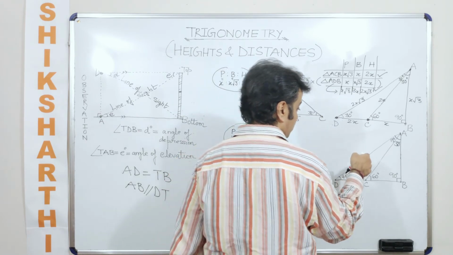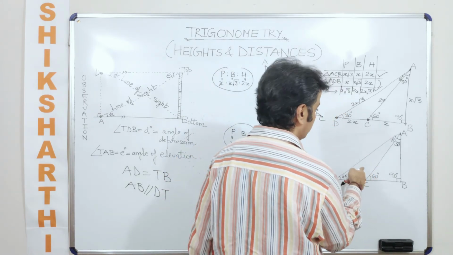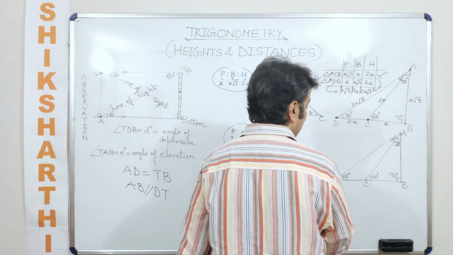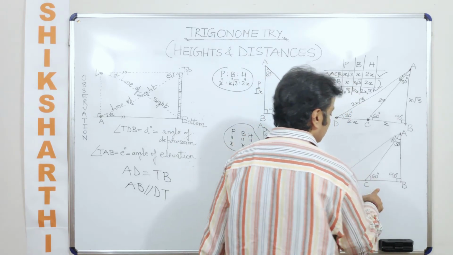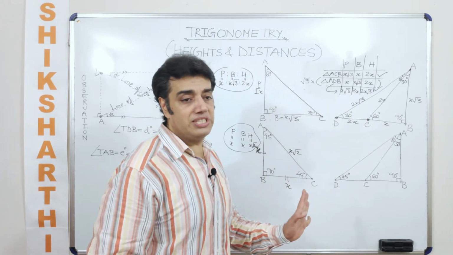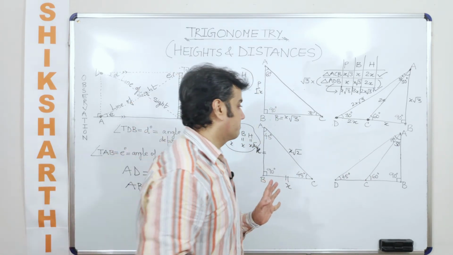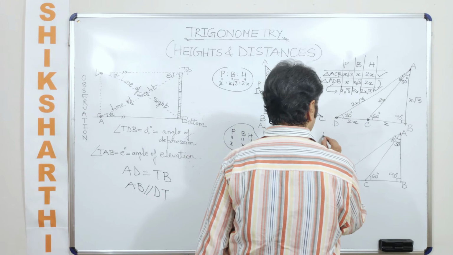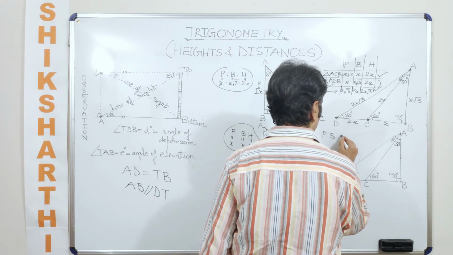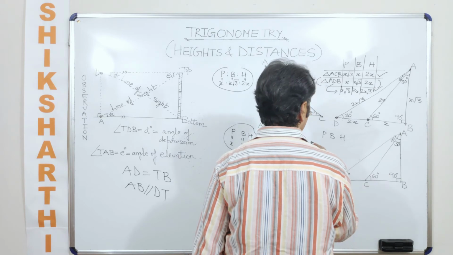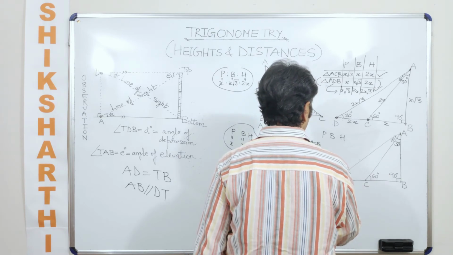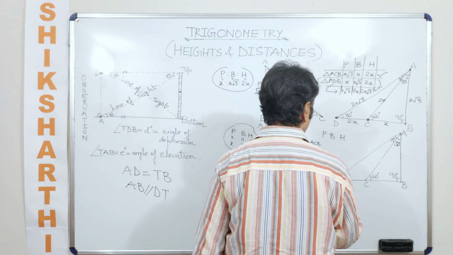Let me do the same thing for the last concept. Let us say the angle of elevation changes from 45 degrees to 60 degrees when we are moving towards the object that we were observing. So we do the same, PBH. In one case we are talking about the triangle ACB, and in the other case the triangle ADB.